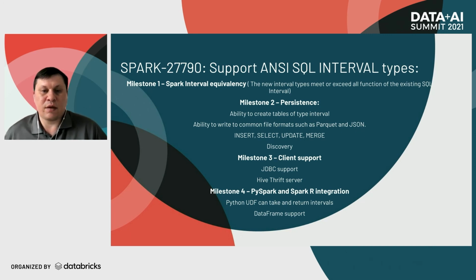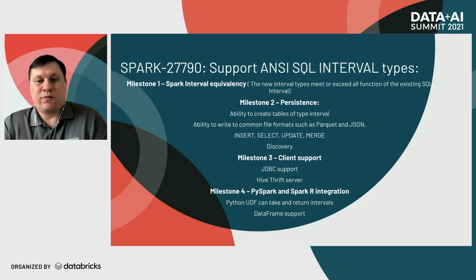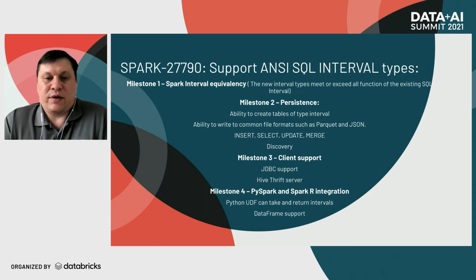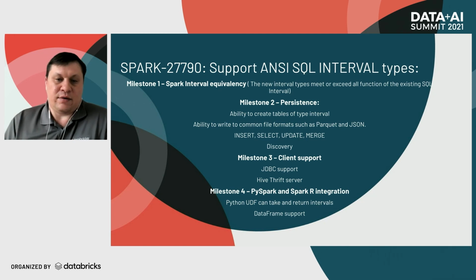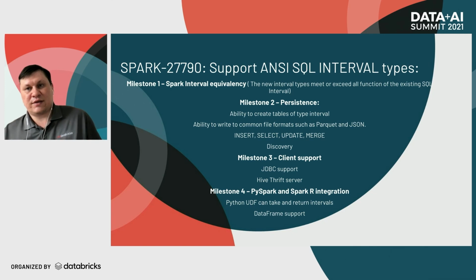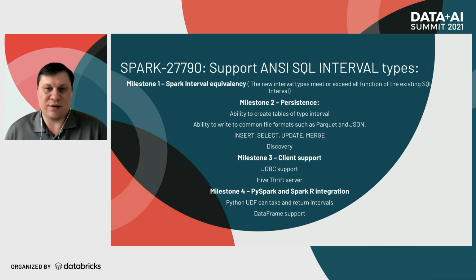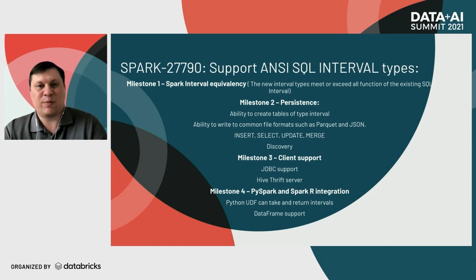In milestone 4, we need a deeper integration with other front ends. We need to support Python UDF and return intervals to Python. We also probably need to support R. All these tasks need your help from the Spark community.